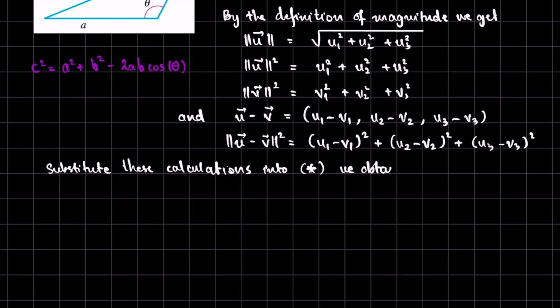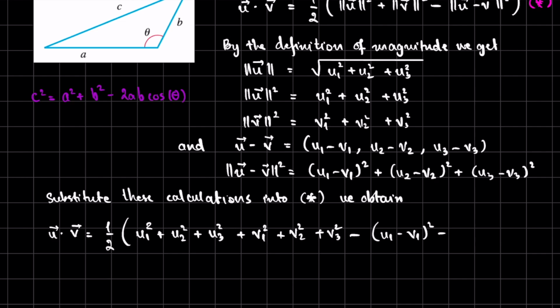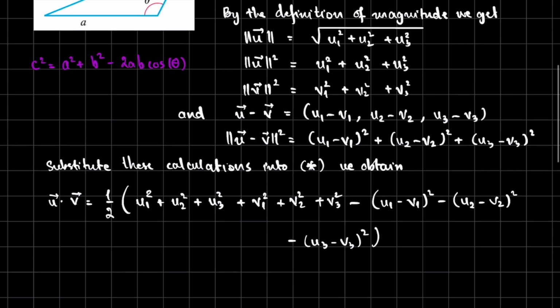We obtain u dot v equal to 1/2 times (u1 square plus u2 square plus u3 square plus v1 square plus v2 square plus v3 square minus (u1 minus v1) square minus (u2 minus v2) square, and then minus (u3 minus v3) square).